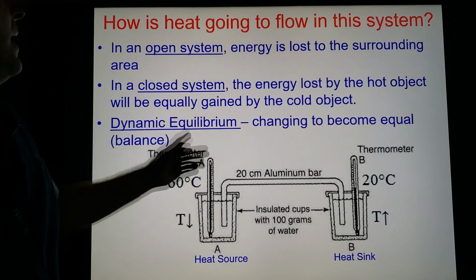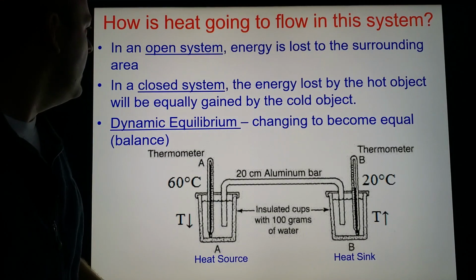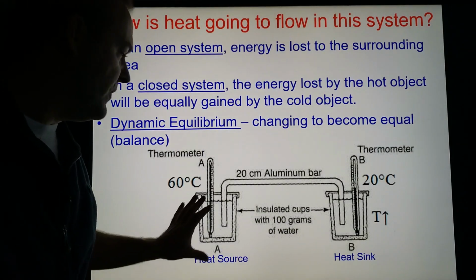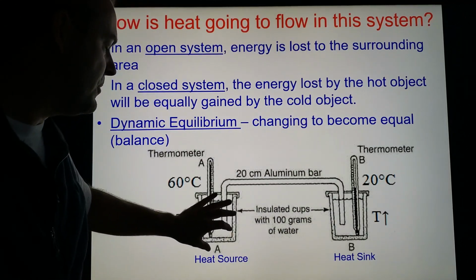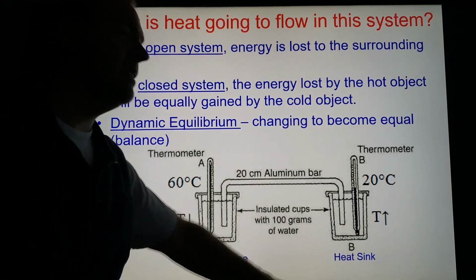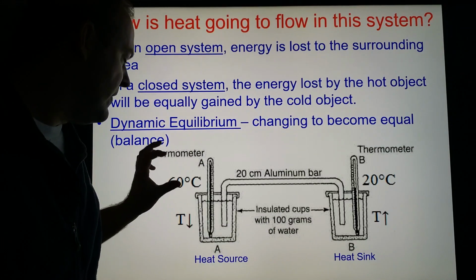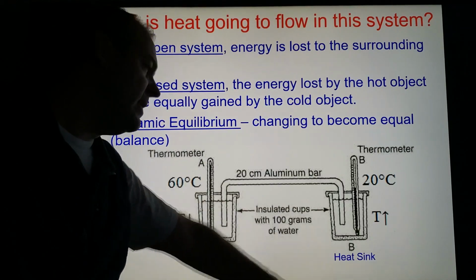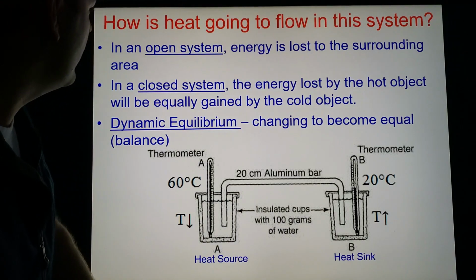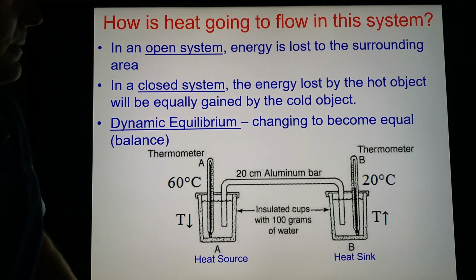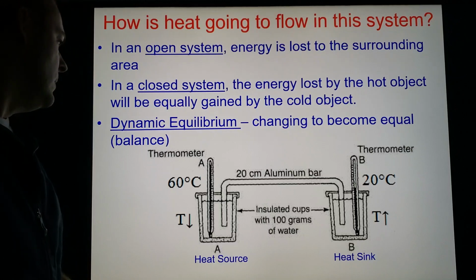In an open system, energy is lost to the air. But if this is totally sealed up, if these cups are sealed, if the bar is insulated, then it's considered a closed system. And every amount of energy that's lost from this cup would be gained in that cup. Okay, make sure you get this in your notes.